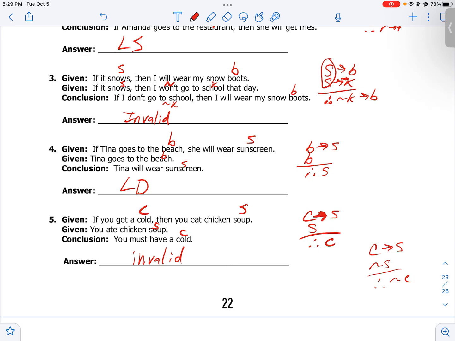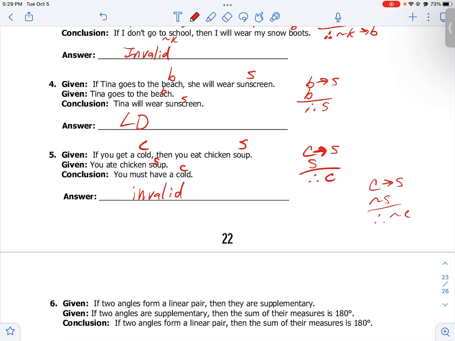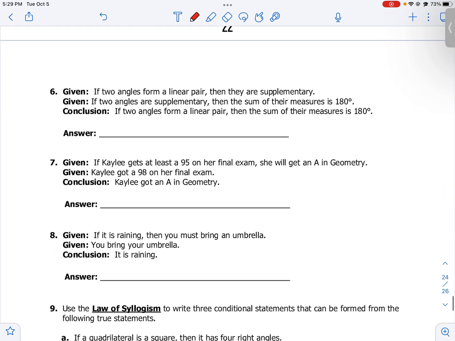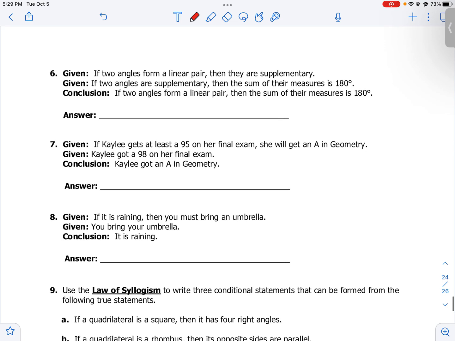Because if you get a cold, you'll eat chicken soup. If you don't eat chicken soup, you don't have a cold. You can not the end and therefore not the beginning, because the beginning makes the end happen. If you don't do the end, then you didn't do the beginning. That's actually a logical way to think. But you can't say not the front, therefore not the back, because maybe something else made you do the backside.